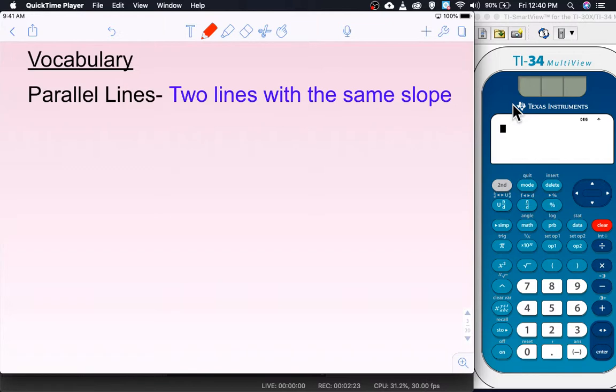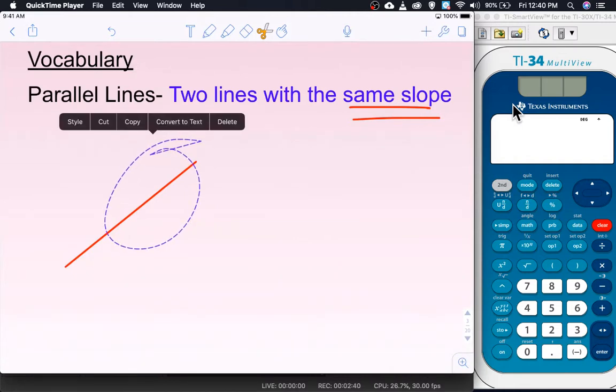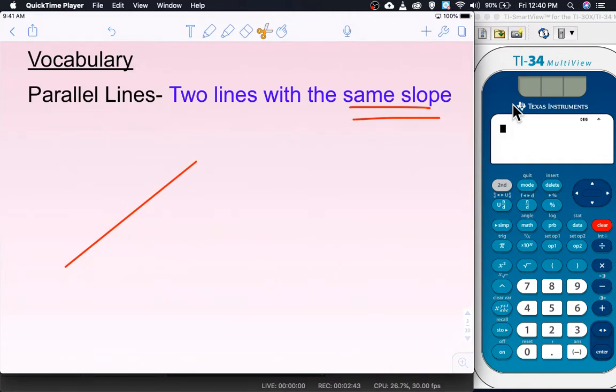One vocab word we have here, I think we've already had this once before, and we're going to see it definitely again in a couple more units. It's parallel lines. Two lines that are parallel have the same slope. Most people think of parallel lines as just two lines that are kind of going the same direction. I'm going to cheat here. See, they're parallel.